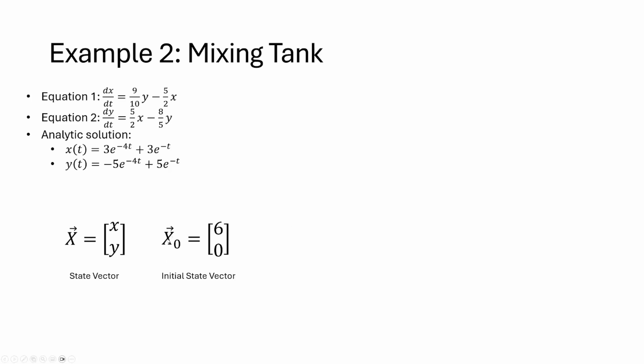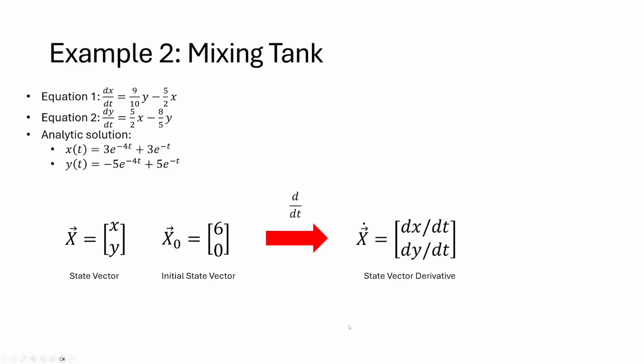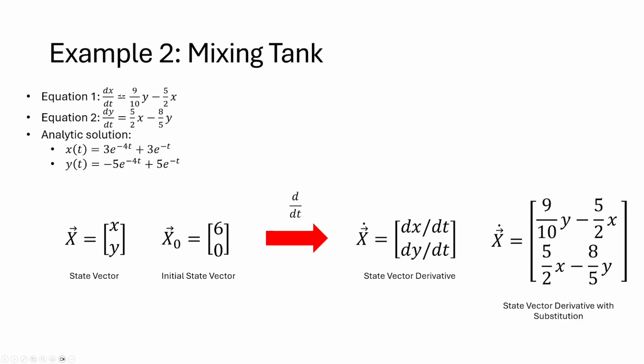Our initial state vector is just [6, 0]. We can do the time derivative, and so dx vector by dt is just dx/dt and then dy/dt. And then if we want to substitute in for dx/dt and dy/dt, we just use our equations that we have up here. So now let's move back into MATLAB.